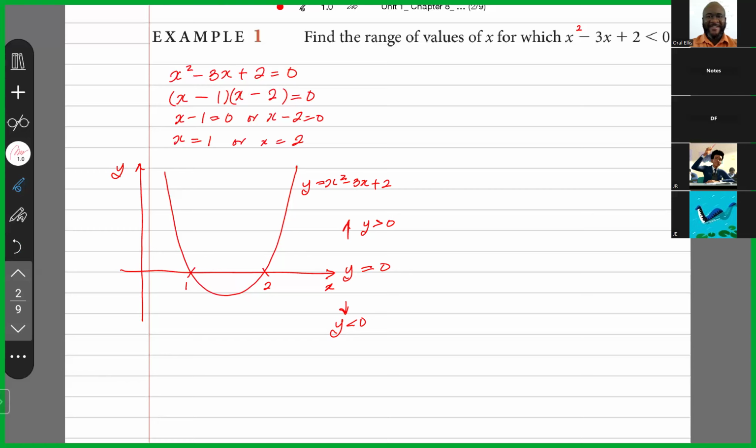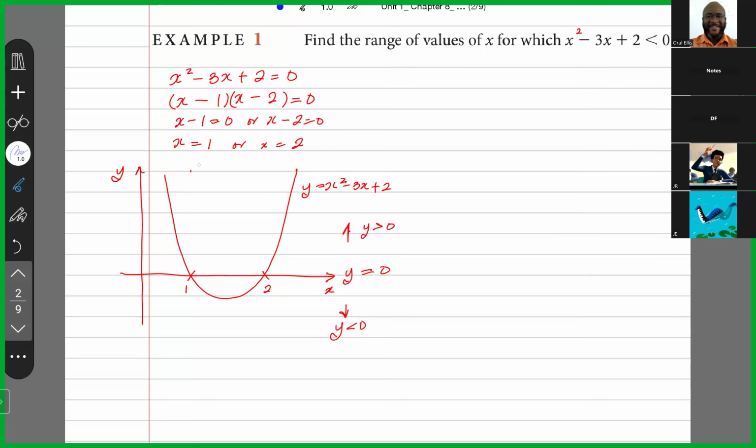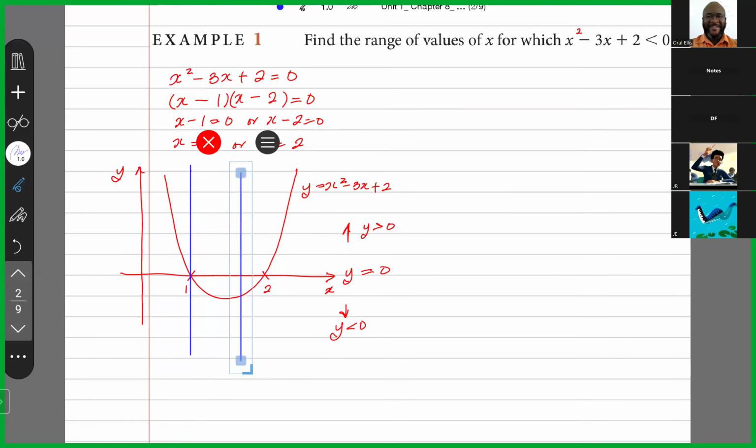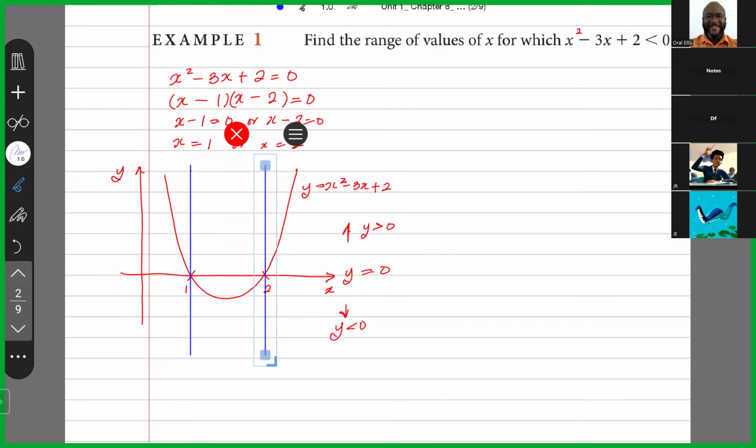Now, what you'll notice here is that, using the intercepts as a sort of dividing point, I can divide up my graph into, let us say, 6 regions like this.